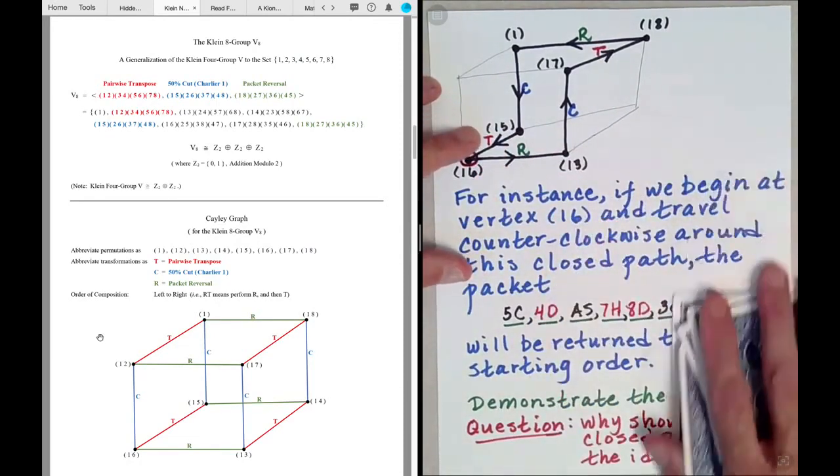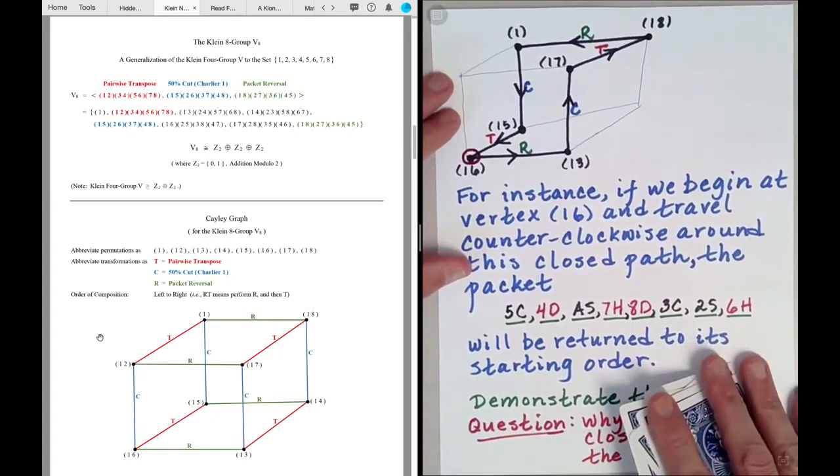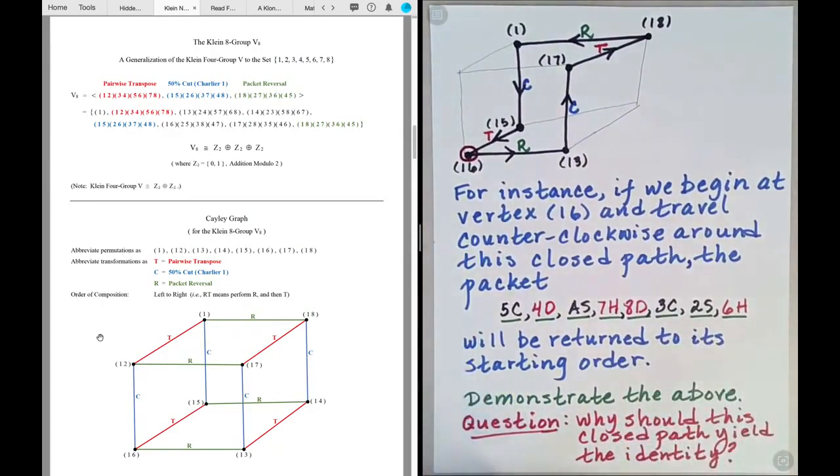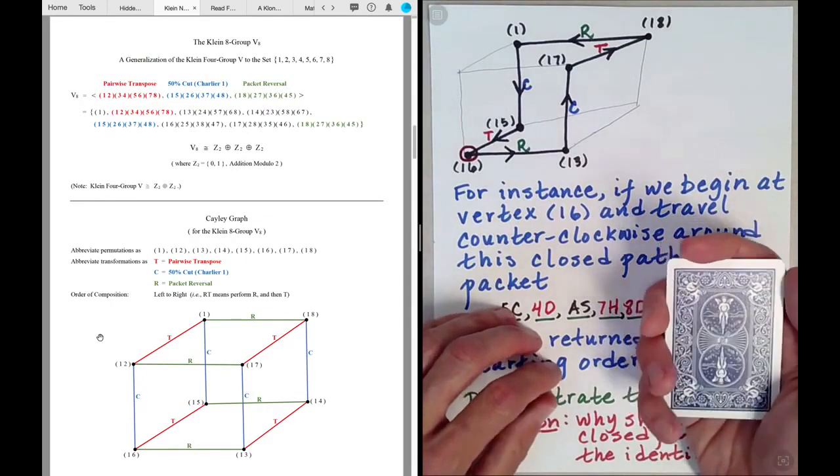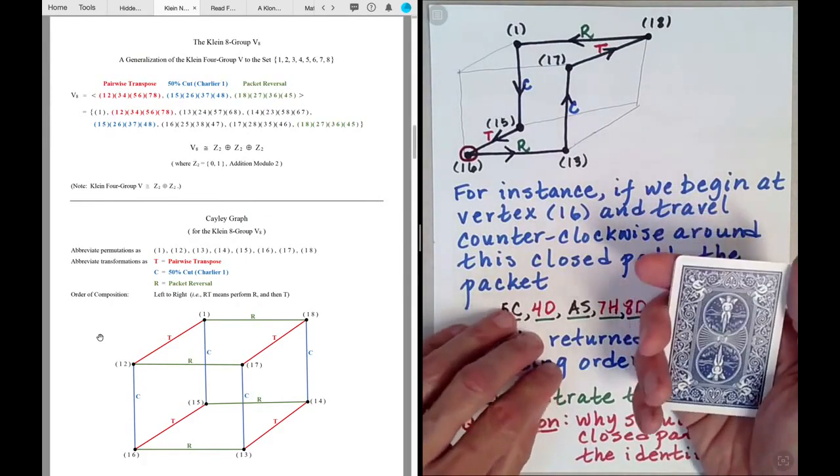That's how I normally explain it for the pairwise transpose. We stack from left to right. Now, it is true that's the opposite order to that of the first shall be last and the last shall be first, but that's implicit in the name of that shuffle, that you go in the opposite order to what we've just done here. So with the pairwise transpose, we always stack from left to right, just like you read a book.